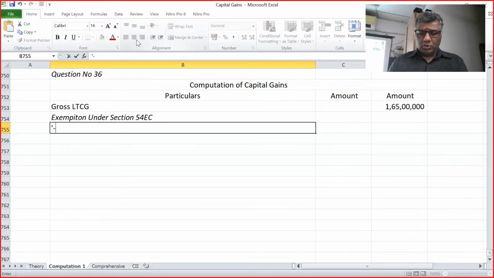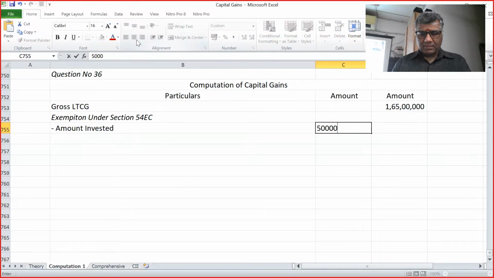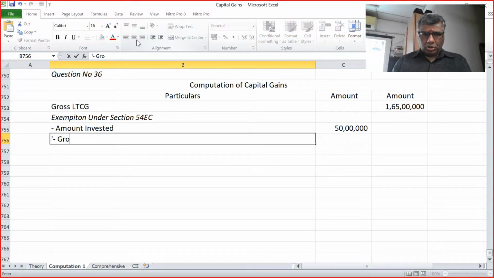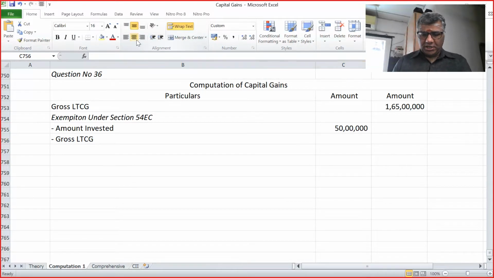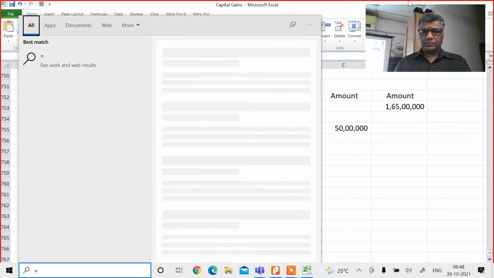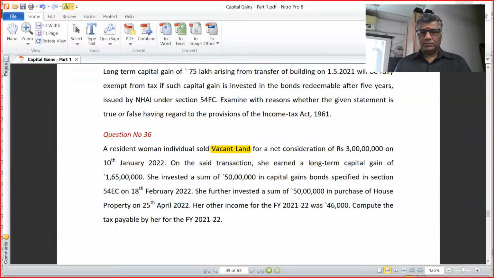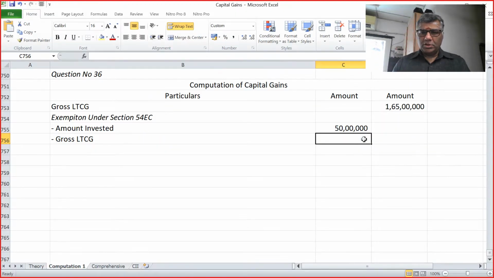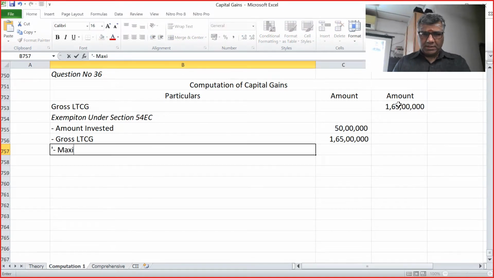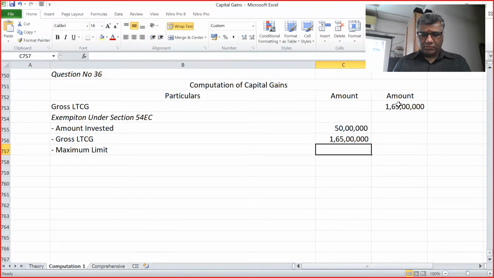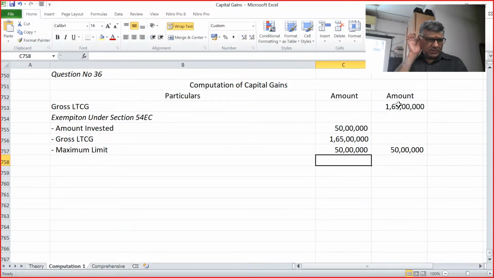We all know the amount invested is 50 lakhs. Gross LTCG is 1 crore 65 lakhs. The maximum limit is 50 lakhs, so we can claim 50 lakhs.